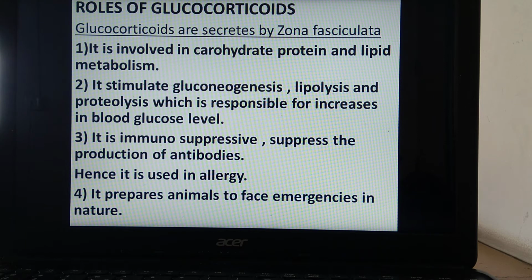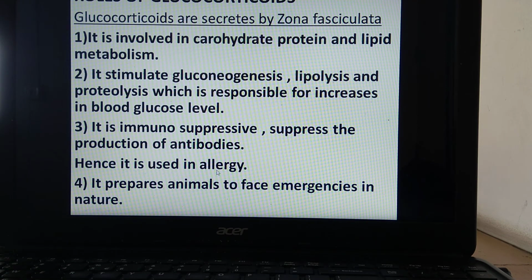They suppress the hyperactive immune system of the body. Remember, this point number 3 is important, it can be asked for 1 mark, or for 2 marks: give reason why glucocorticoids are used in the treatment of allergies.